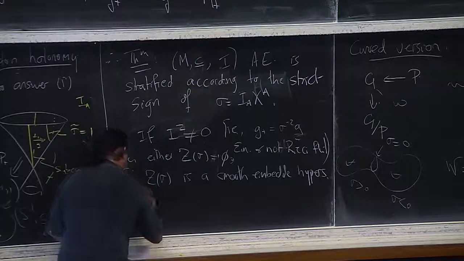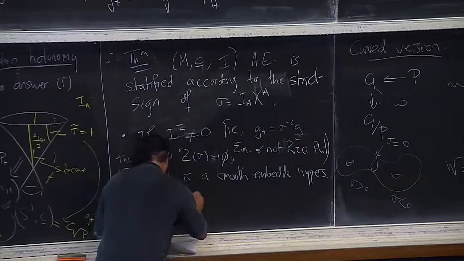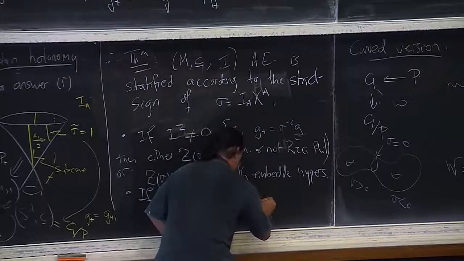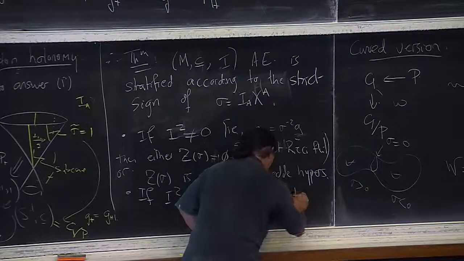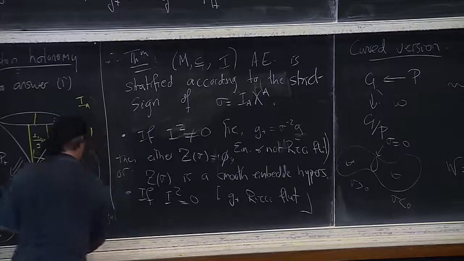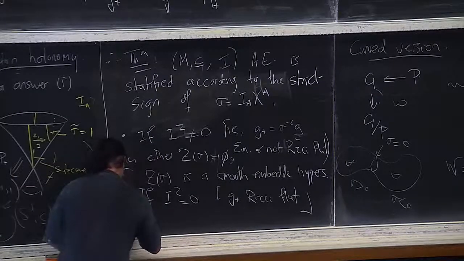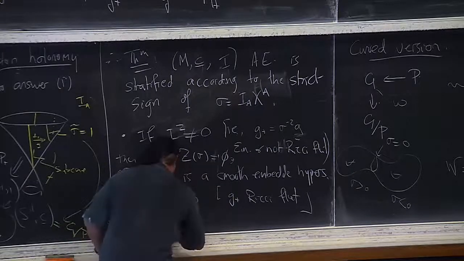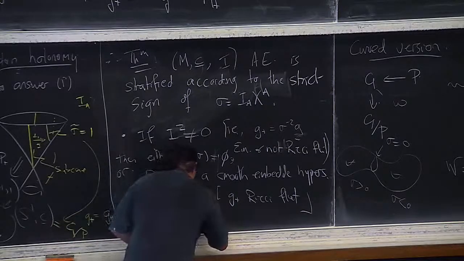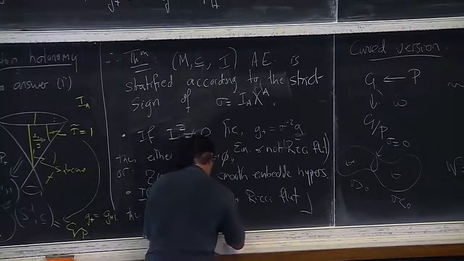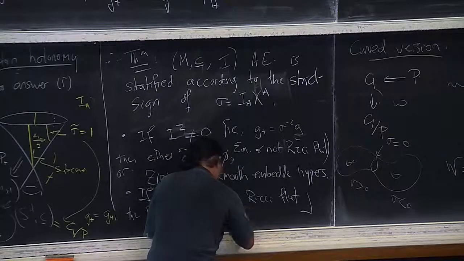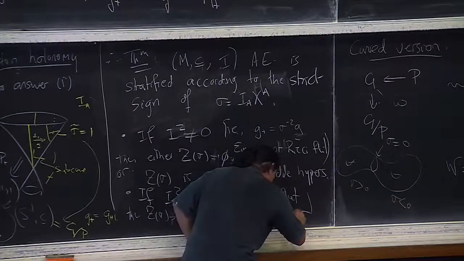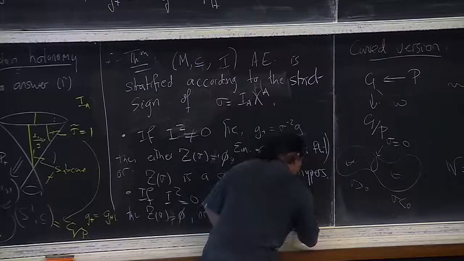If I squared is 0, so this is the case that G plus is Ricci flat where it's defined. Okay. Then either the 0 locus is empty again, whoops, or the 0 locus, take away some isolated points, is a smooth hypersurface.